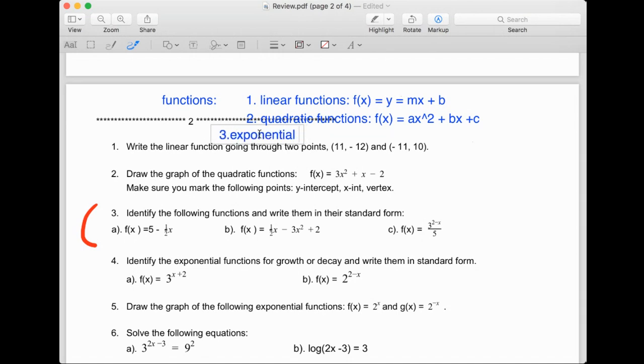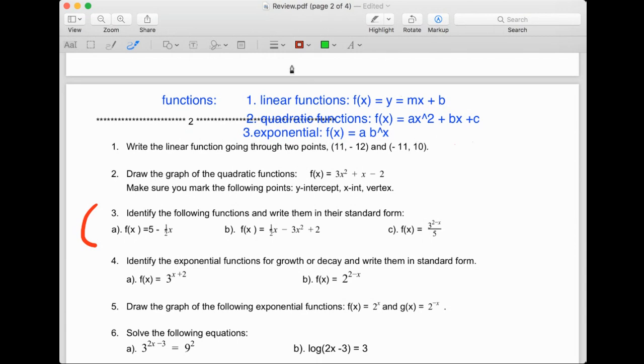I'm not going to read the functions, I'm only going to read the name. So exponential functions. Do we remember the standard form? f of x equals some number, maybe we call it a, multiplied by another number raised to the power x.